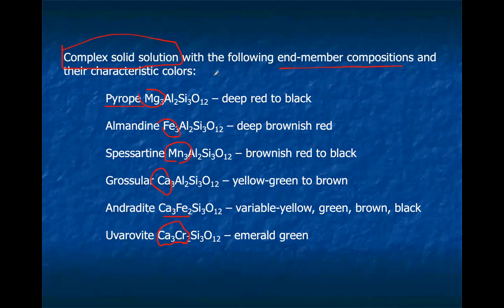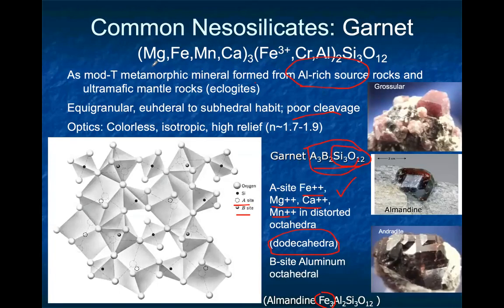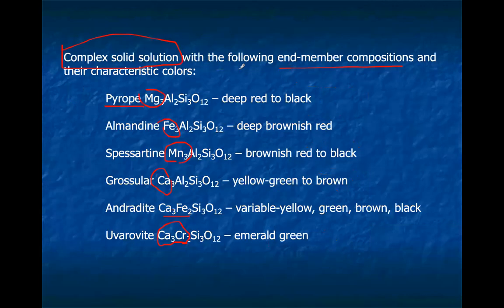But when you analyze natural samples like that, you will very rarely see these end-member, ideal compositions. Instead you will see a mixture of these cations in variable proportions in the natural garnet structure. Okay, right.